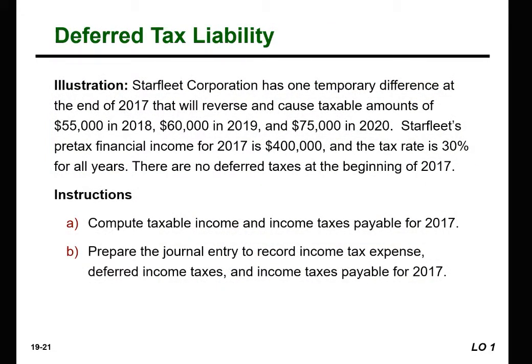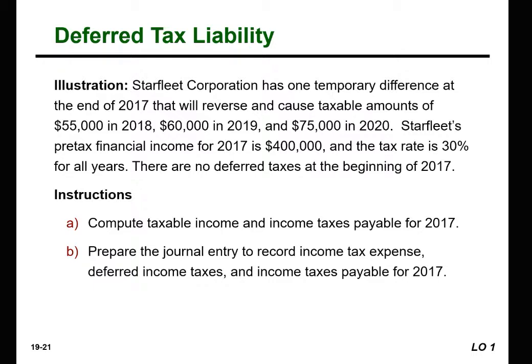So let's look a little bit more, and we're going to do Starfleet. Now, they have one temporary difference at the end of 2017 that will reverse and cause taxable amounts of $55,000 in 2018, $60,000 in 2019, and $75,000 in 2020. Their pre-tax financial income for 2017 is $400,000, and their tax rate is 30%.